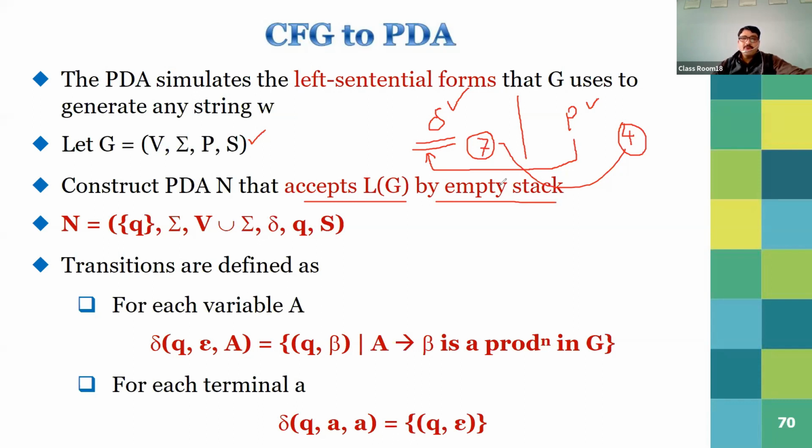This is the simple representation of the PDA. The important point is how we can convert the production rules into the form of transition function. There are 2 rules by which we can convert the production rules into transition function. So how? Just see here.